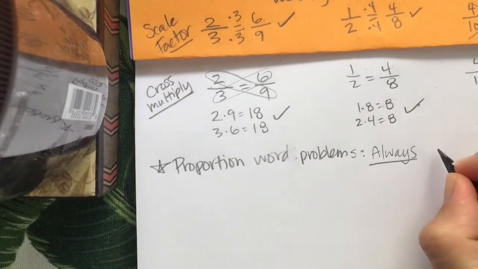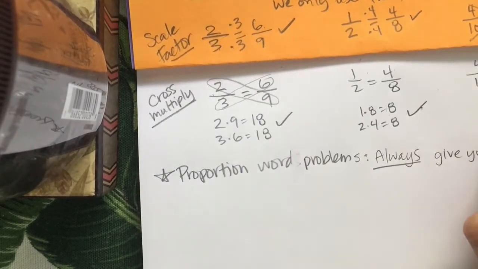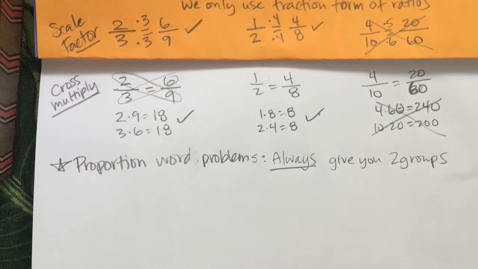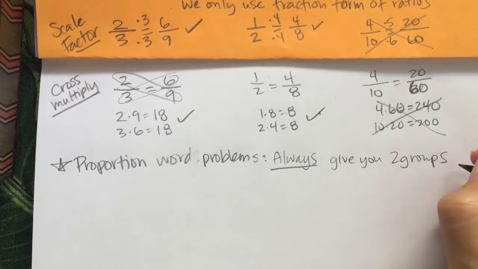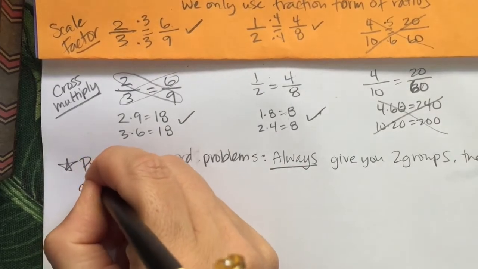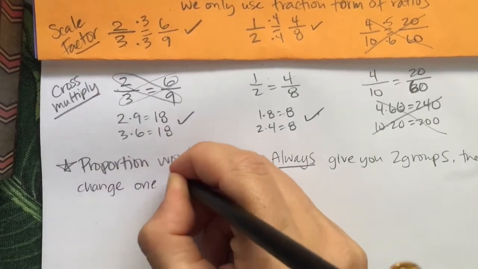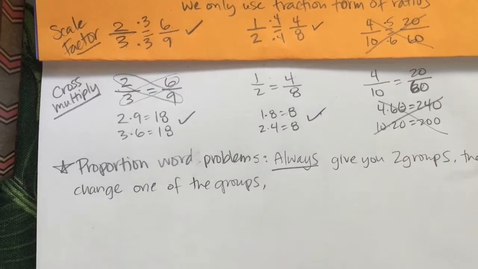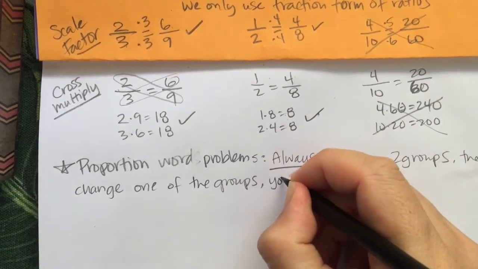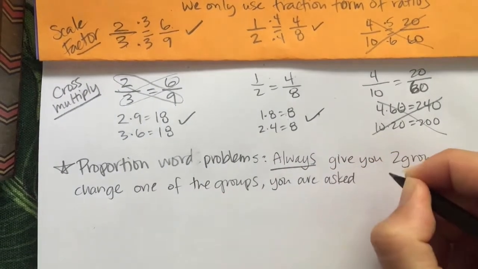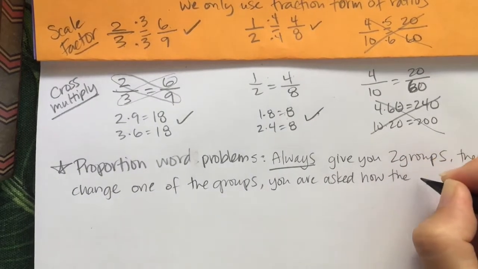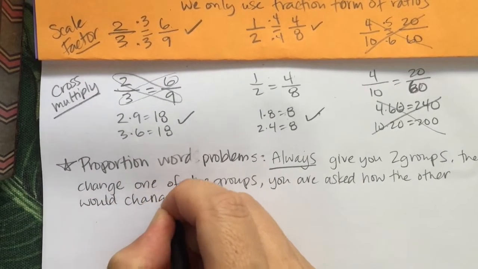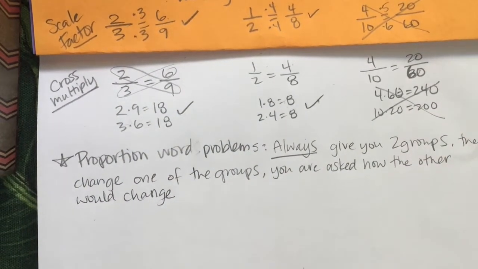They give you two groups of something, and then what they do is they change one of the groups, and then your job is to figure out how the other one would change.